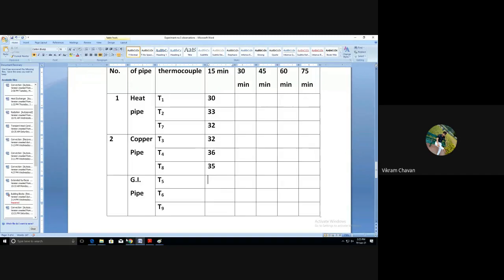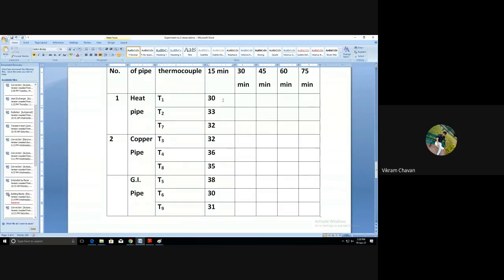Then here you get 38, 30, and here also 31. If you get such readings, then how to compare these three pipes?